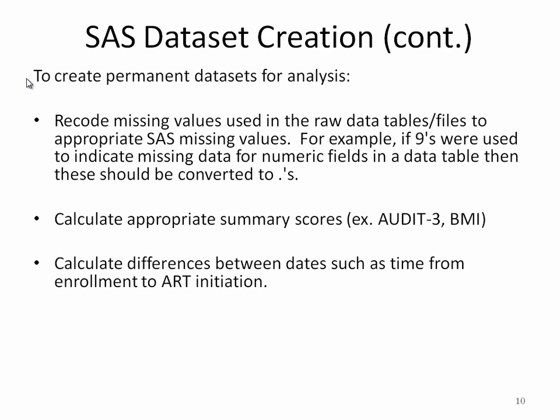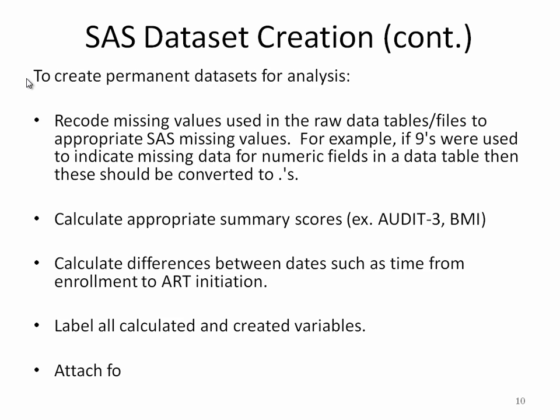Any variables that you calculate, any variables that you derive, any new variables that you create, you must label. And you must document them in external documentation as well, just Word. And then the final thing you want to do is attach formats to specific variables.